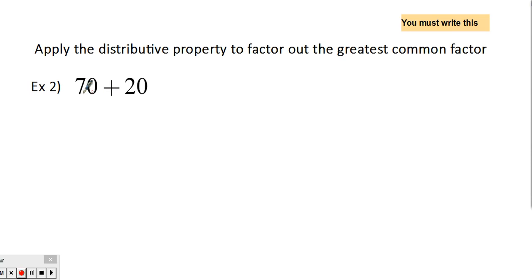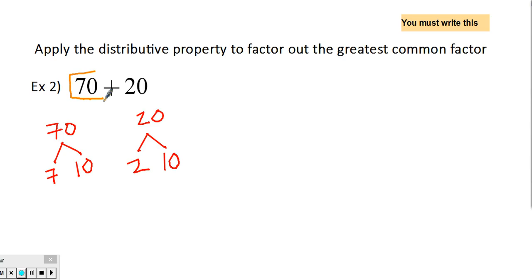Let's factor out 70 plus 20. So let's find the greatest common factor. What's the number that they both have in common? Well, 70, that is going to be 7 times 10. 20 is 2 times 10. So the factor that they have in common is 10. So we could write 70 as 7 times 10.